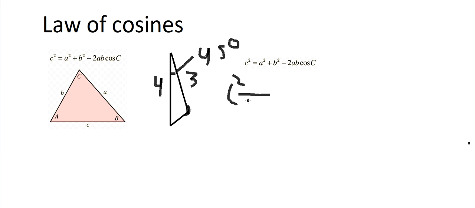If you're using your calculator, just follow along. Type in 25 minus 12 times the square root of 2.